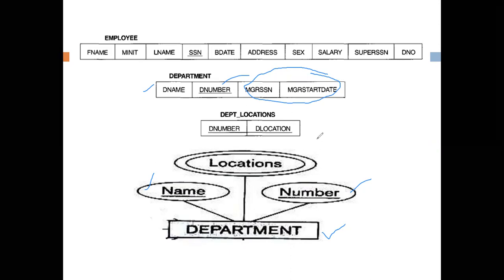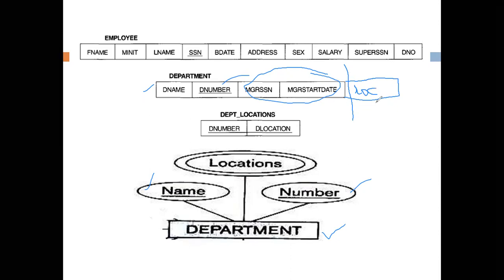Then department location. Actually, if we extend this particular table, we would have written location here itself. But one department can exist in multiple locations. Since a department can be present in more than one location, the department is split into two tables, that is department and department location.